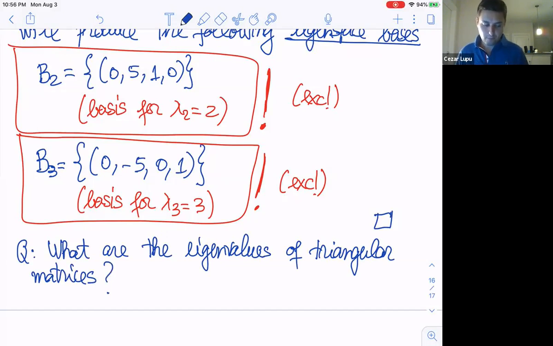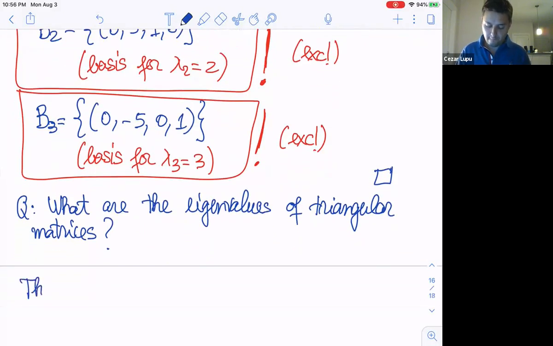We will answer this question with the following theorem. I don't know the number anyway.